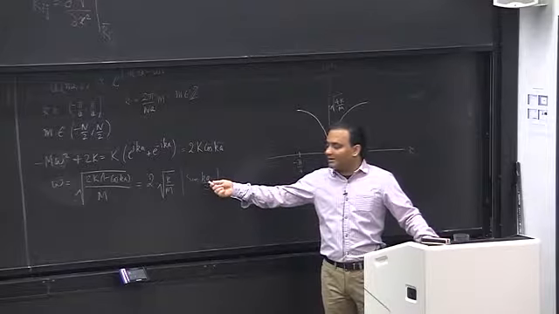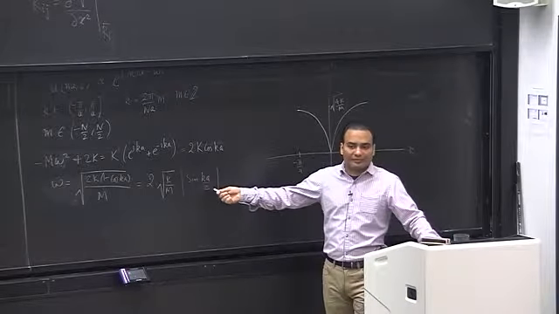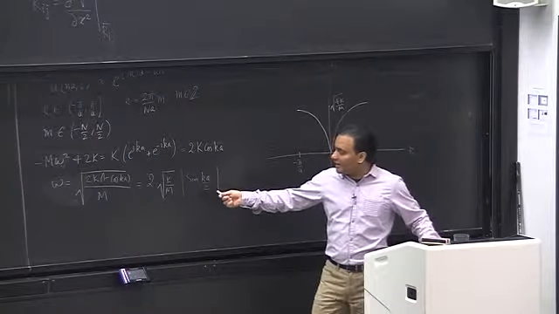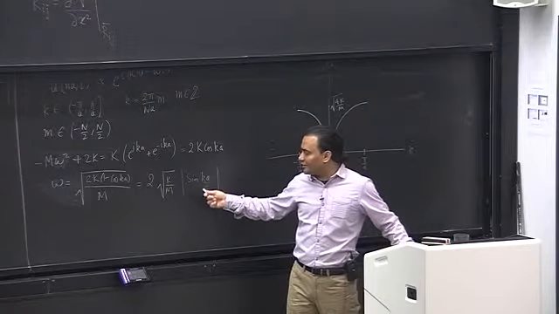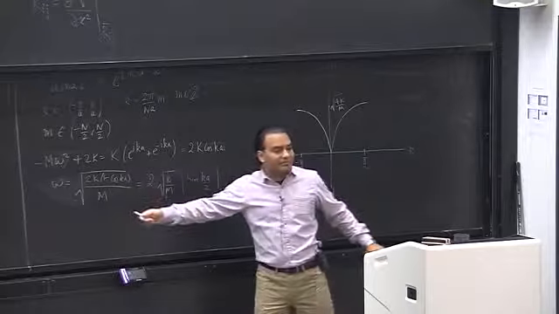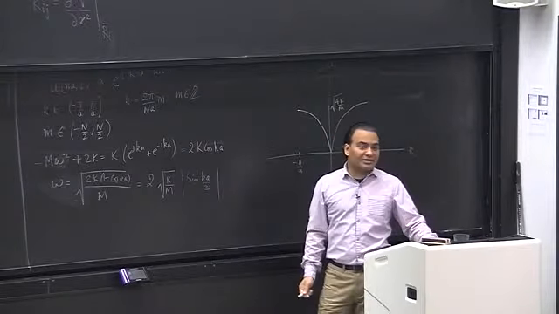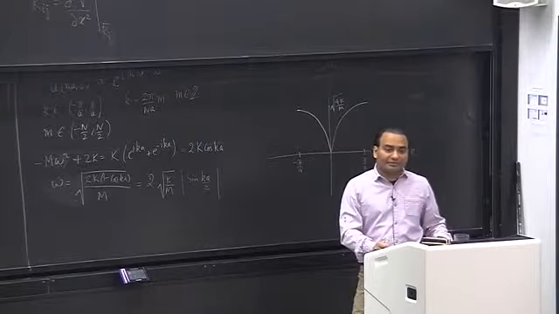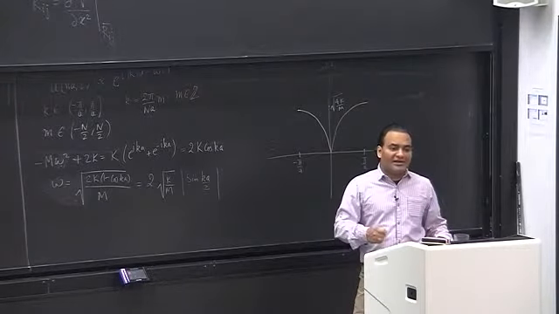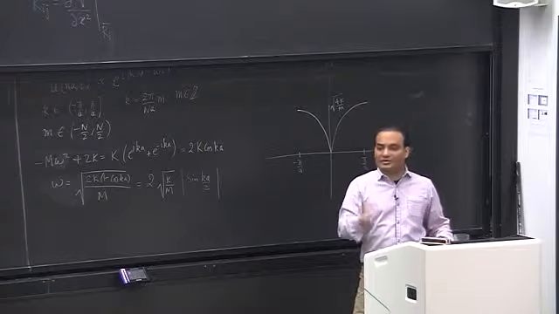What happens in the limit k going to 0? In the limit of small k, you can show that this can be replaced by mod ka by 2, small k. So omega is linearly dependent on k, and this corresponds to sound waves. So in general, you have linear dispersion for light waves or sound waves.